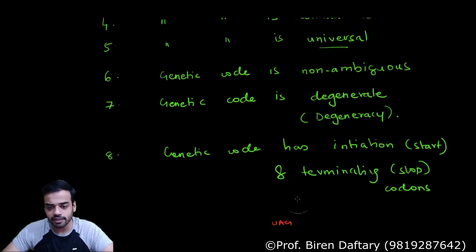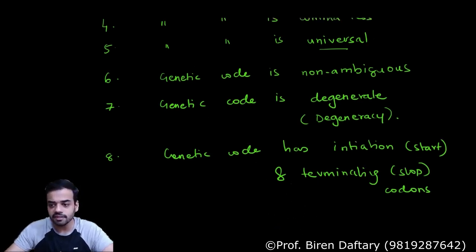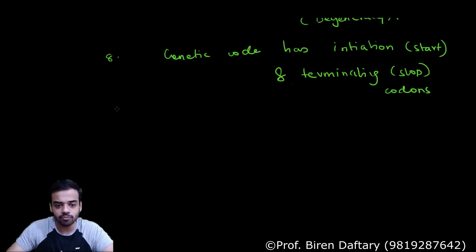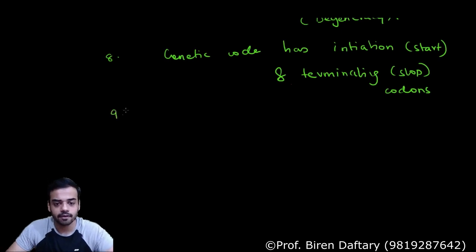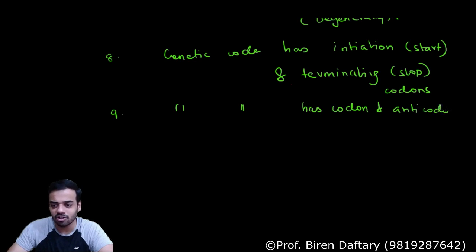And the last point that we are going to see is that genetic code has codon and anticodon. You know what is codon, what is anticodon. I have already explained.